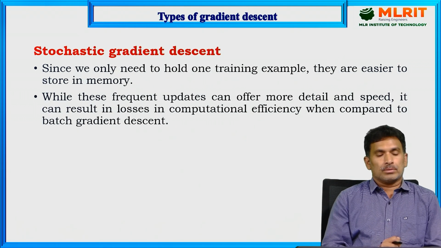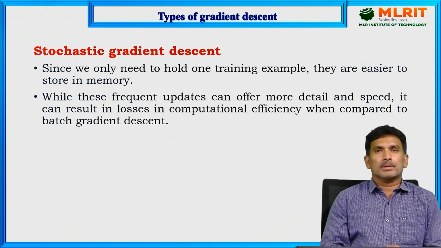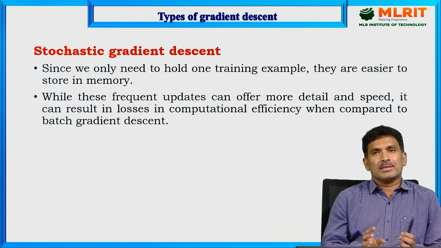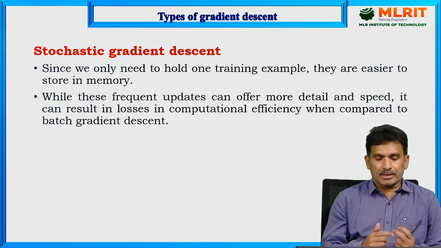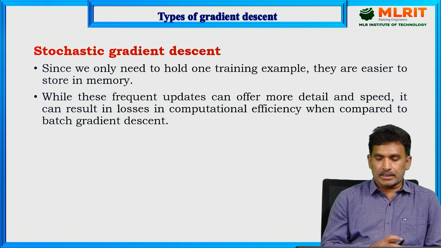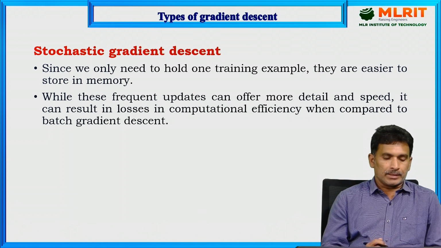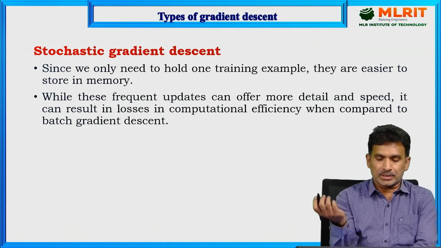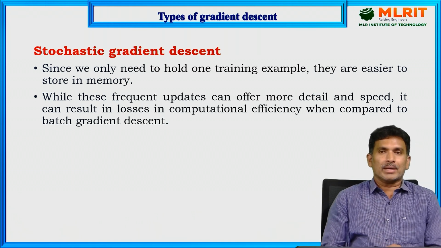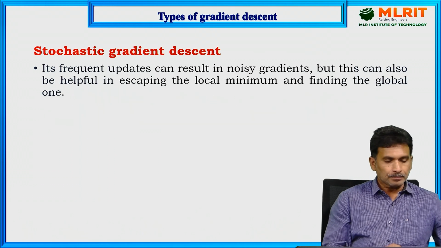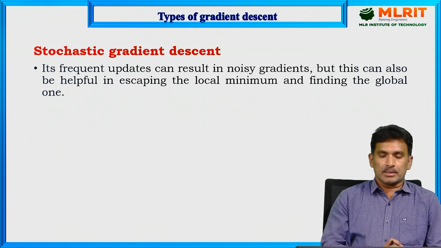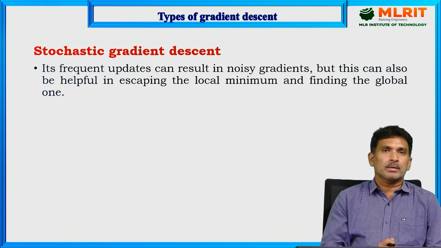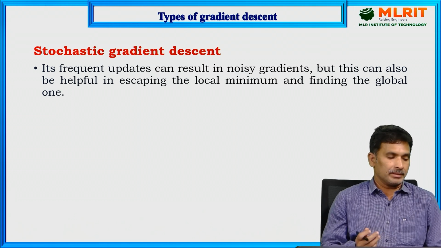Since we need to hold only one training example, we can easily store that sample in memory. But these frequent updates can offer more detail and speed, while resulting in a loss in computational efficiency compared to batch gradient descent. The frequent updates can result in noisy gradients, but this can also be helpful in escaping the local minima and finding the global minima.